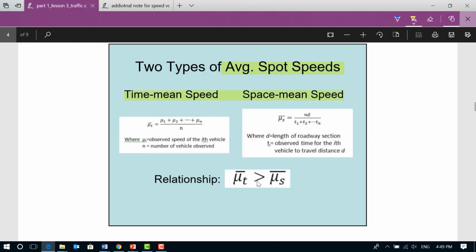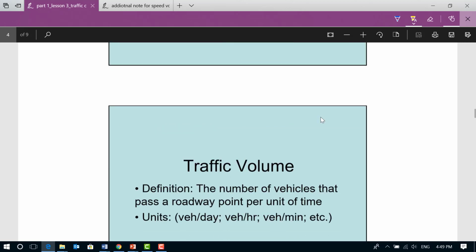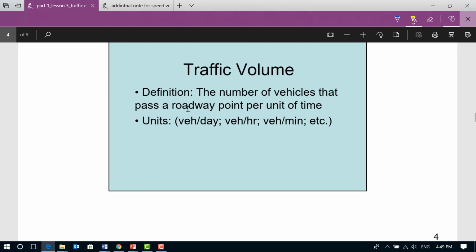So up to now we are done with the 3 types of speeds: the overall speed, the running speed, and the spot speed. And for spot speed, we have 2 types of average spot speed: time mean and space mean. Now let's go to the traffic volume.